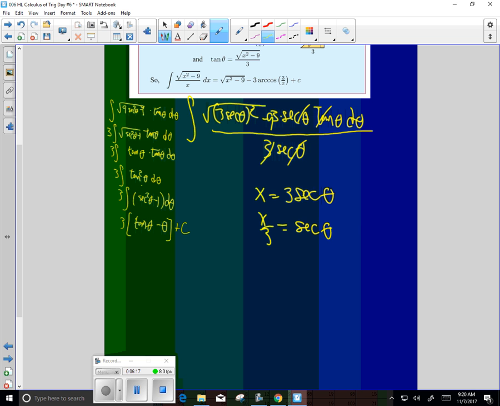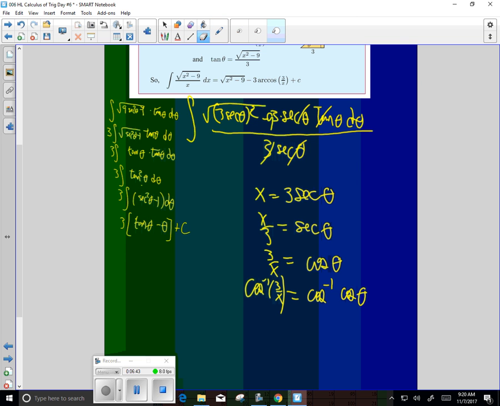I don't like secant, so we're going to rewrite this as the cosine of theta, and that'll flip x and 3. So then you have the inverse cosine of the cosine of theta, inverse cosine of 3 over x. What's the cosine inverse of the cosine of theta? Theta.